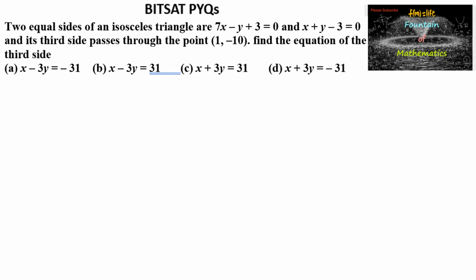Given two equal sides of an isosceles triangle, 7x minus y plus 3 is equal to 0, and x plus y minus 3 is equal to 0.